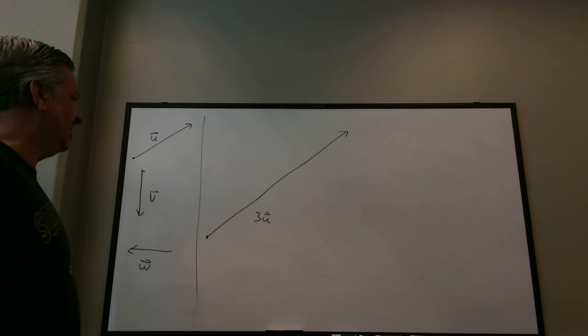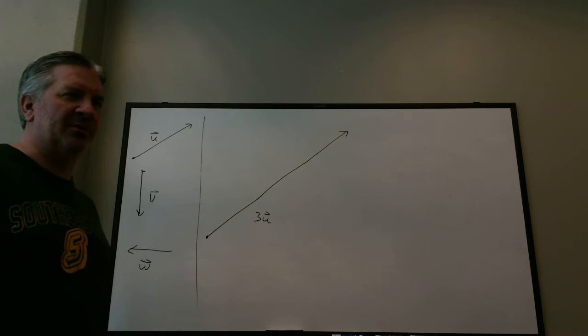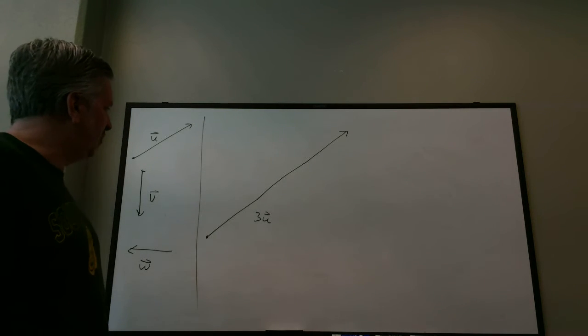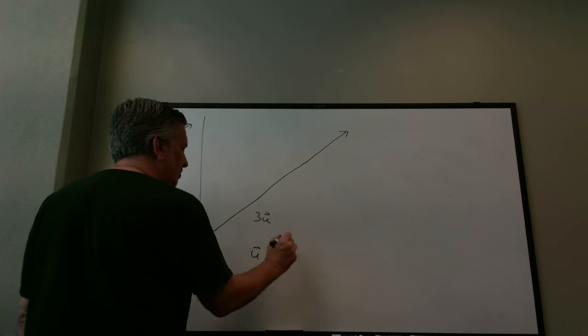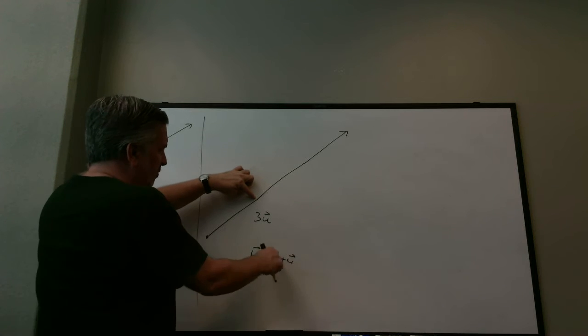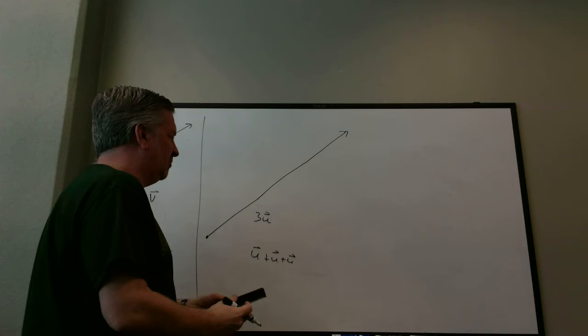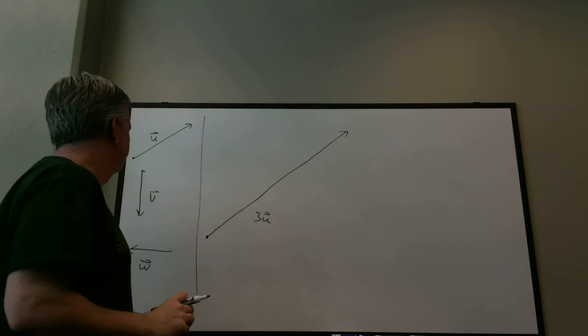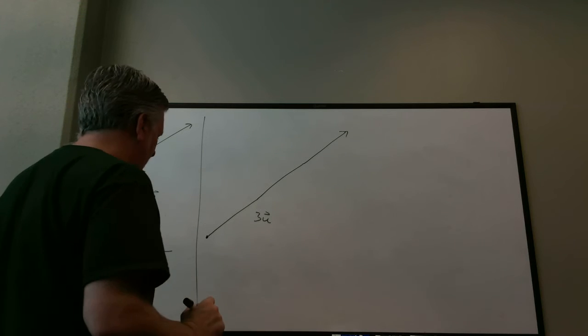It sort of makes sense, because if you thought about real numbers, what does 3x mean in real numbers? It means x plus x plus x. So you would think that 3u should be u plus u plus u, shouldn't it? But if you take vector u and you add vector u to it, you put them head to tail and add another u. So it'd be 3 times as long. So it sort of makes sense. So there's 3u.